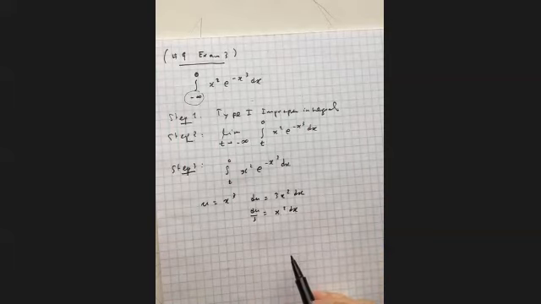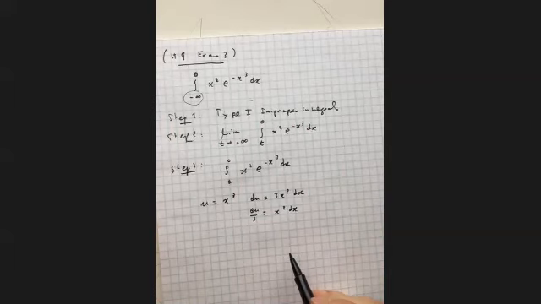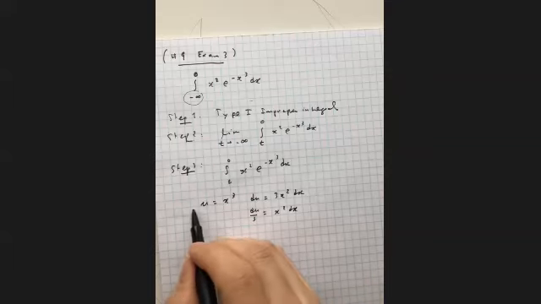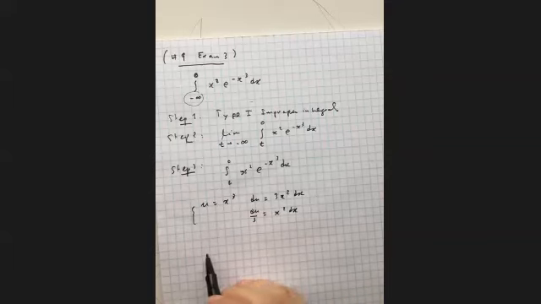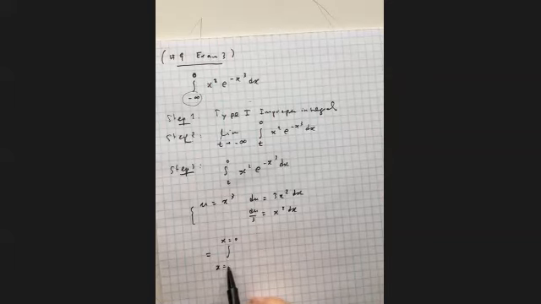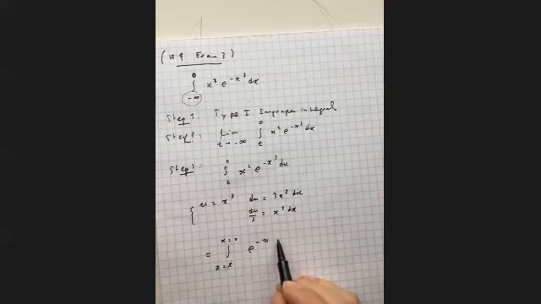So with this substitution, the integral becomes the integral from x equals 0 to x equals t of e to the negative u, du over 3.